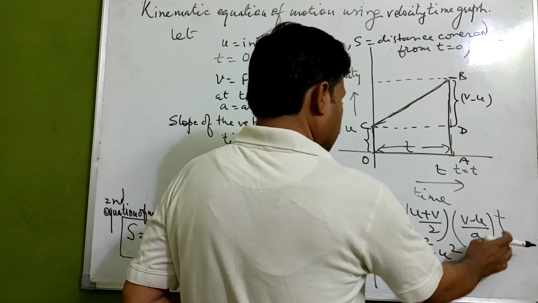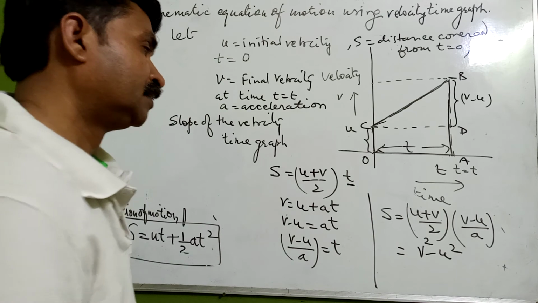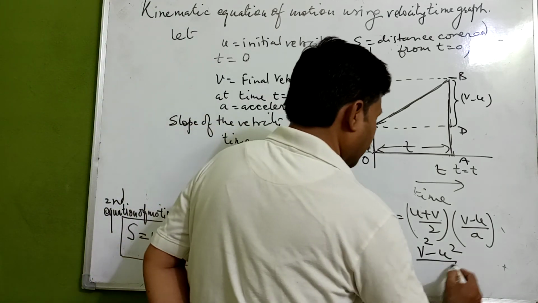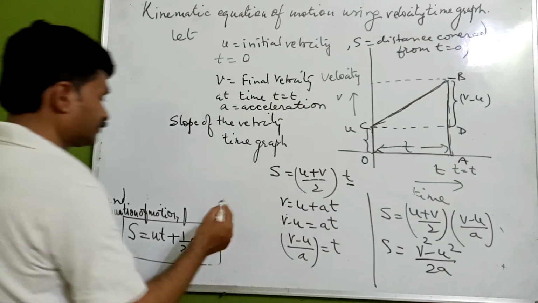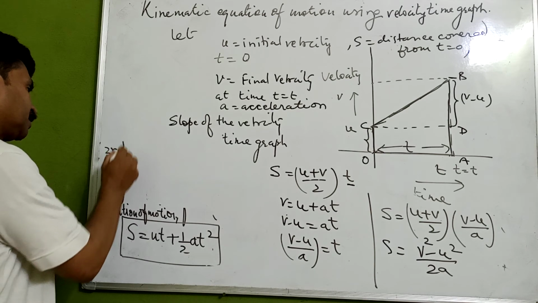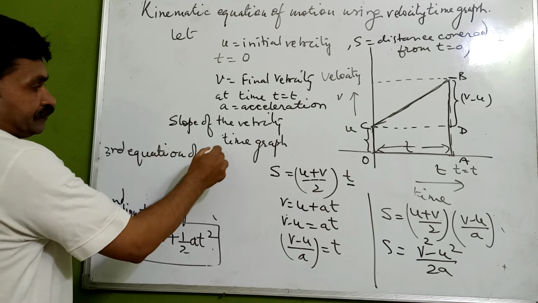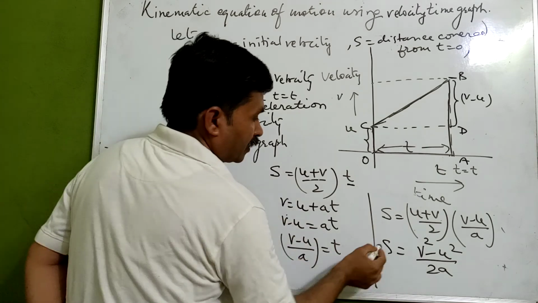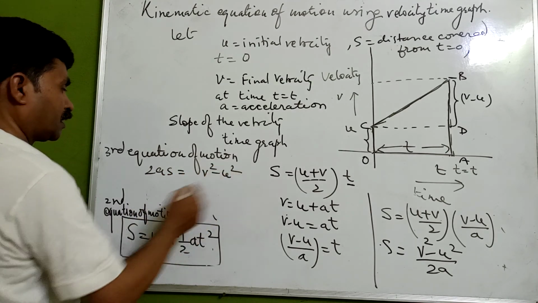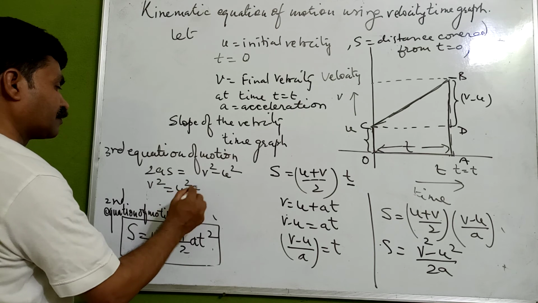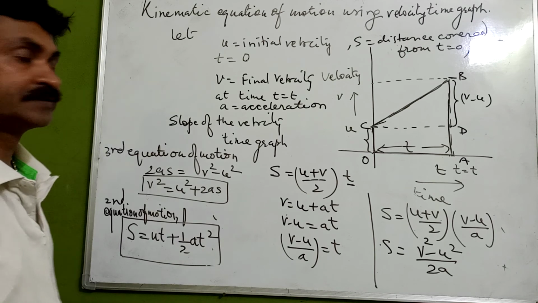So what we get here is 2as, which is equal to v square minus u square, or v square is equal to u square plus 2as. This is the third equation of motion.